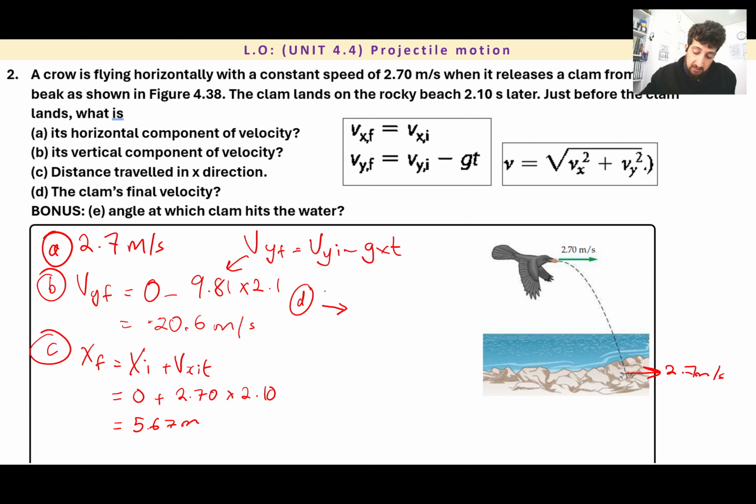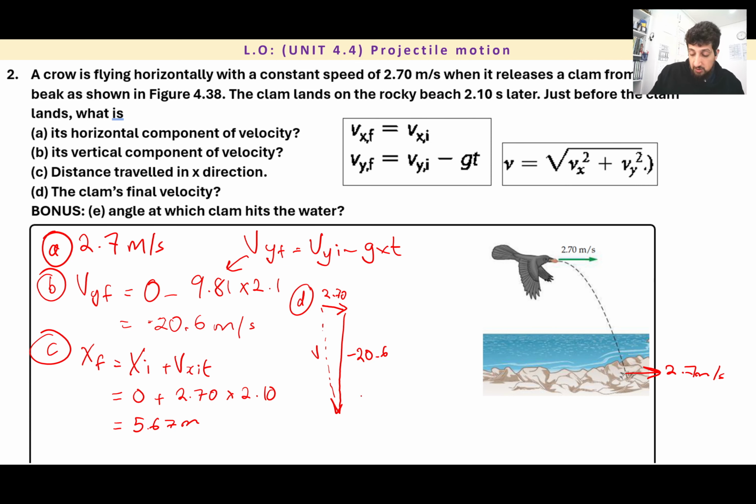The triangle looks like this: 2.7 meters this way, and we have minus 20.6 this way. We are trying to work out velocity here. So it's going to be 2.7 squared plus 20.6 squared. I didn't even bother with the negative because it doesn't matter.